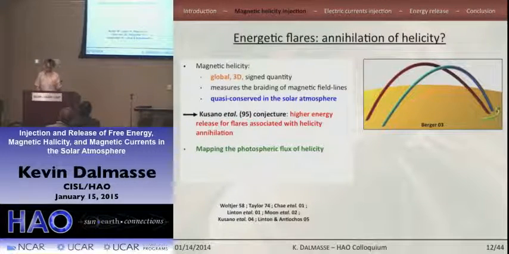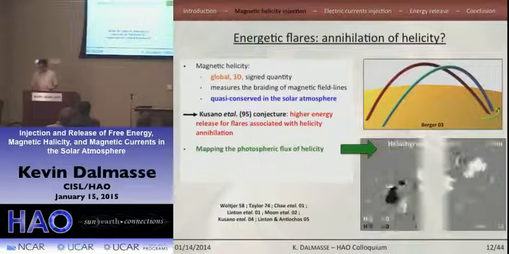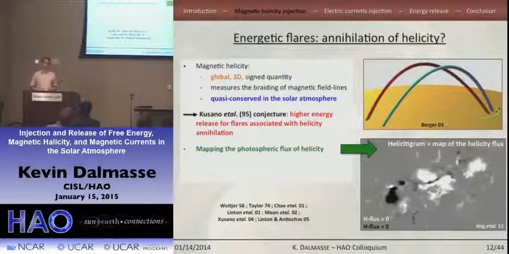Observational studies have proposed to test this conjecture by mapping the photospheric flux of magnetic helicity in active regions. The idea is that to get helicity annihilation, you need to transport structures of opposite magnetic helicity into the solar atmosphere. And this should theoretically lead to opposite signals in the maps of helicity flux in active regions.